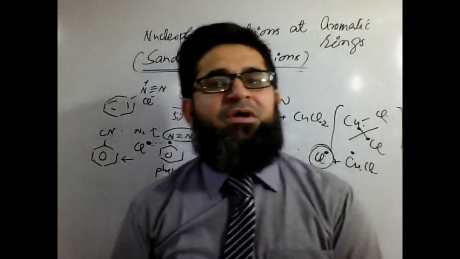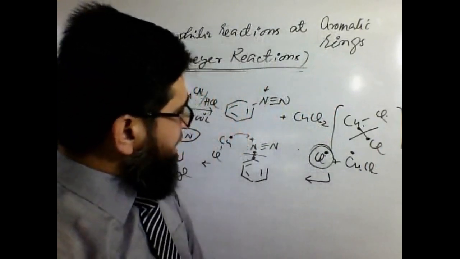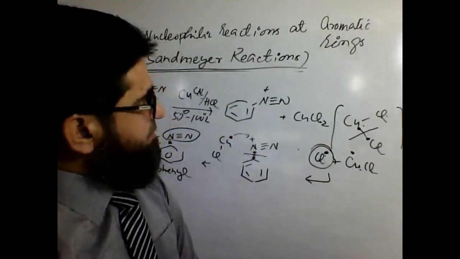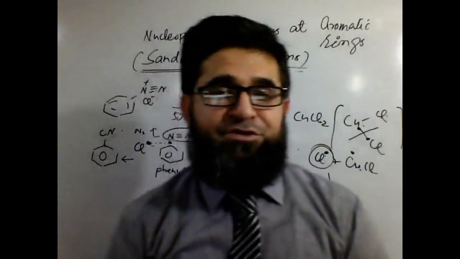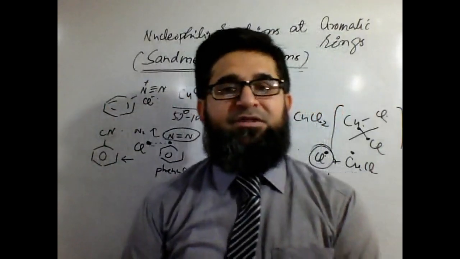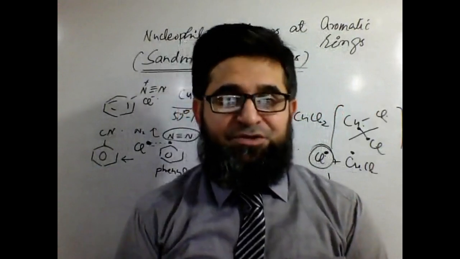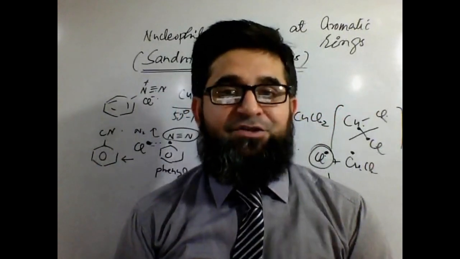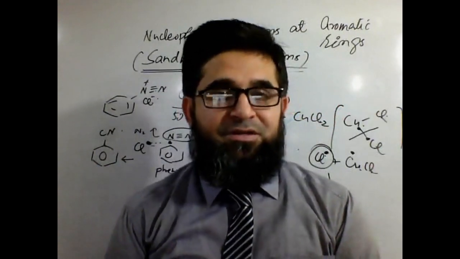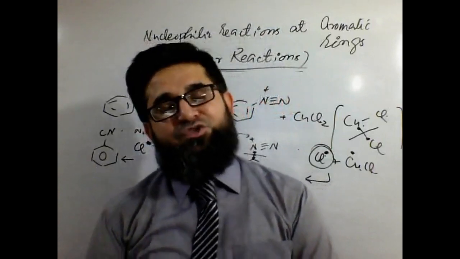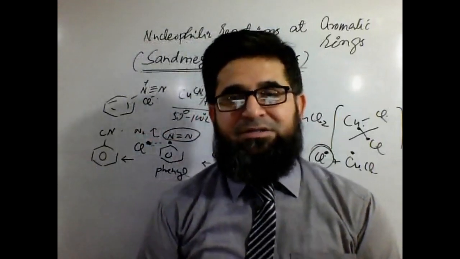So this is why I am trying to convey that diazonium salts are important in two ways. They could be used as electrophiles for the preparation of azo compounds, where diazonium ions act as electrophiles.